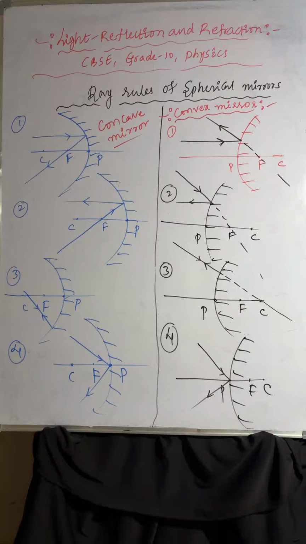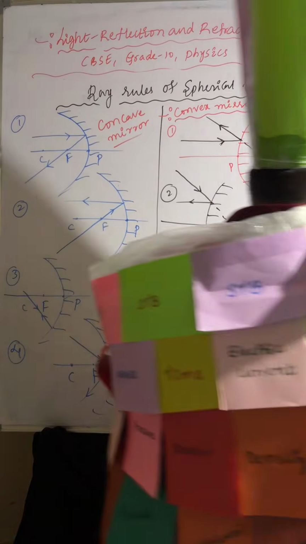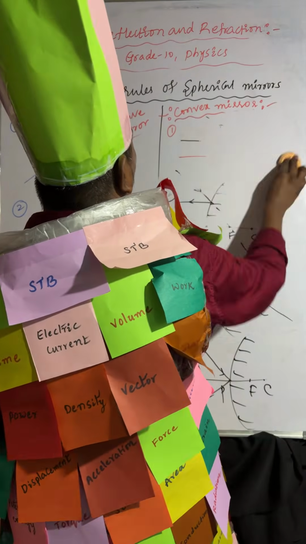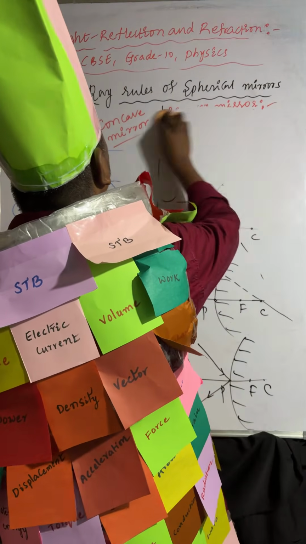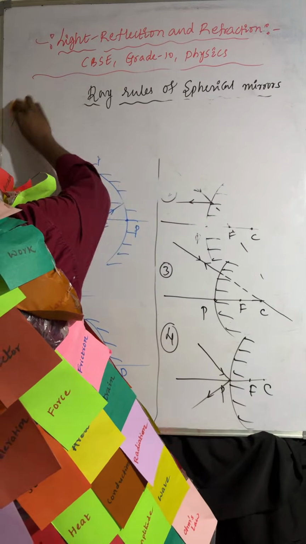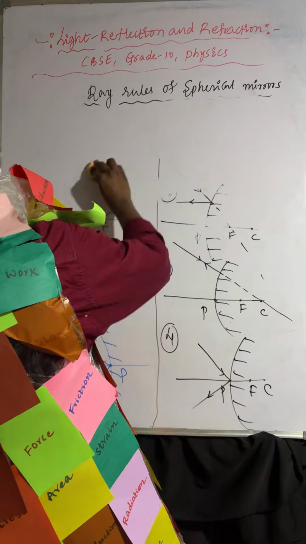These are the ray rules of concave mirror and convex mirror. Next, we will discuss image formations by spherical mirrors.